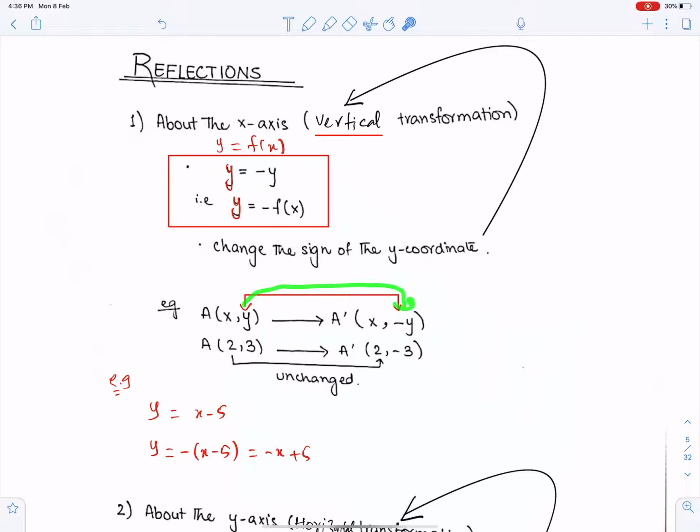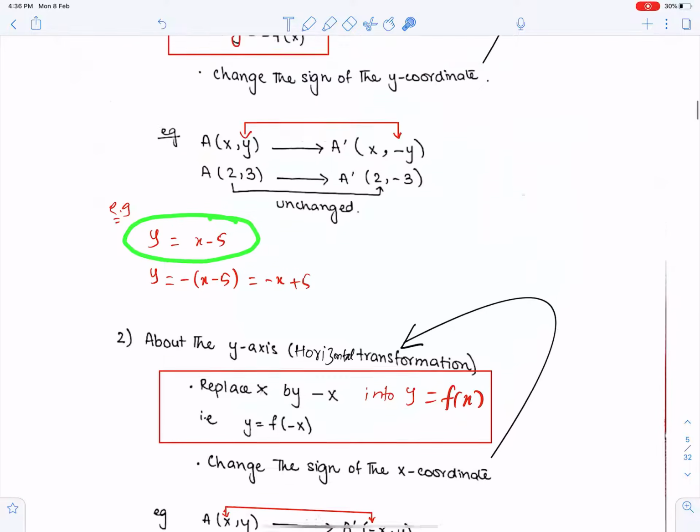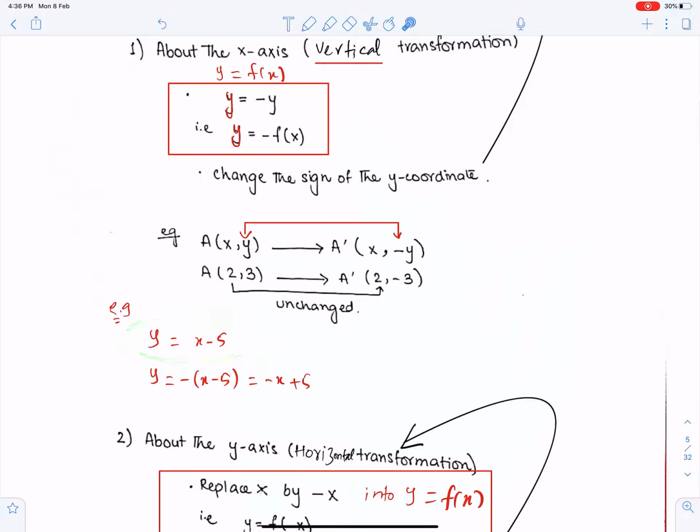Change the sign of the y coordinates and leave the x coordinates as it is. This 3 will become minus 3 and 2 will remain unchanged. So if this is the equation of the object, then according to this equation, we will multiply this thing by minus sign when we reflect anything about the x-axis.